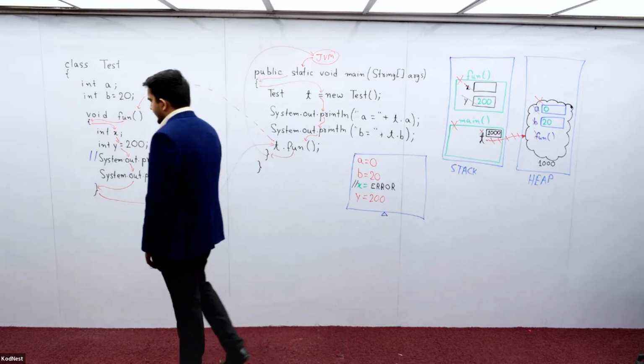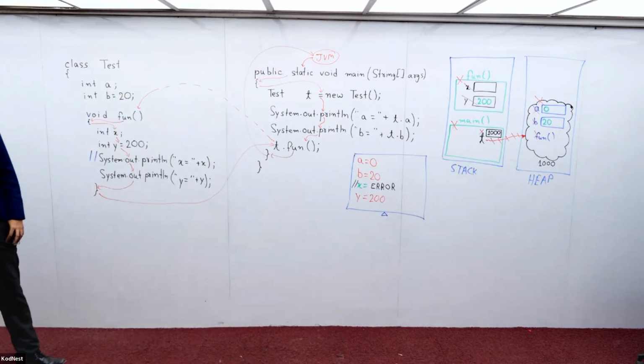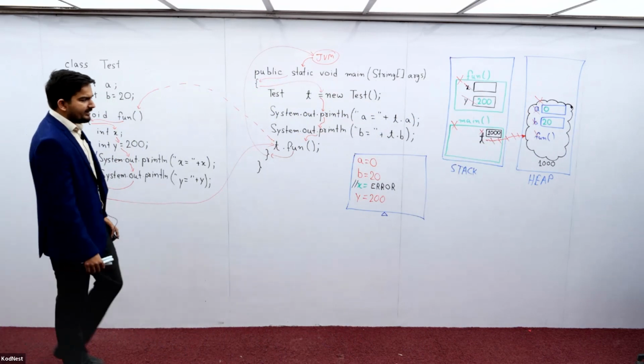I repeat, instance variables are allotted memory when an object for the particular class is created.